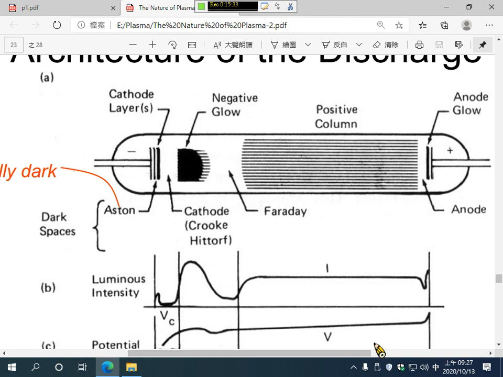After colliding with gas atoms, the electrons lose a lot of energy.